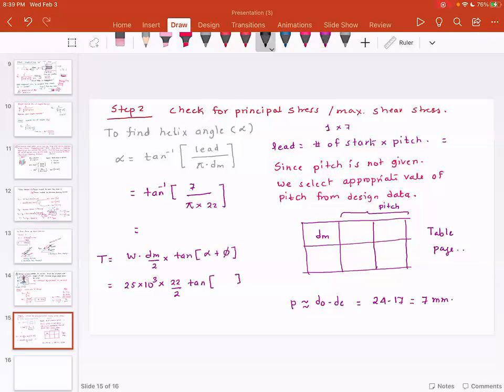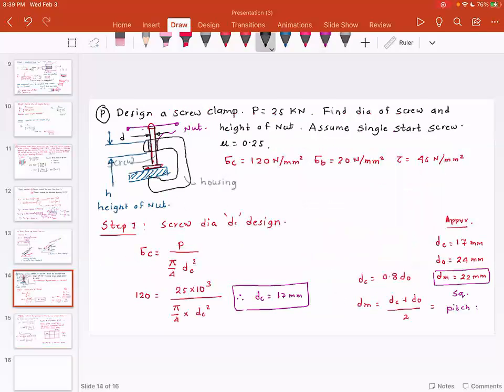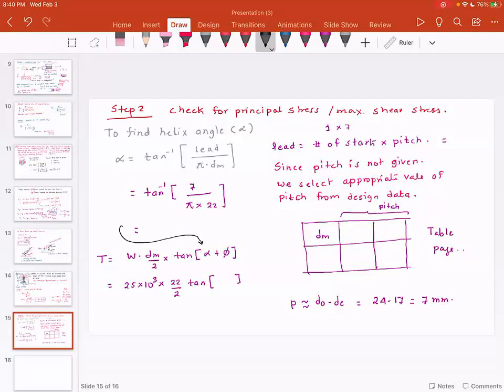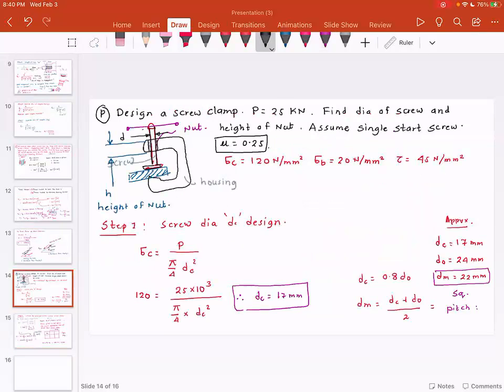So alpha comes from this calculation and the phi comes from the mu value. So phi is equal to tan inverse of mu, which is tan inverse of 0.25.